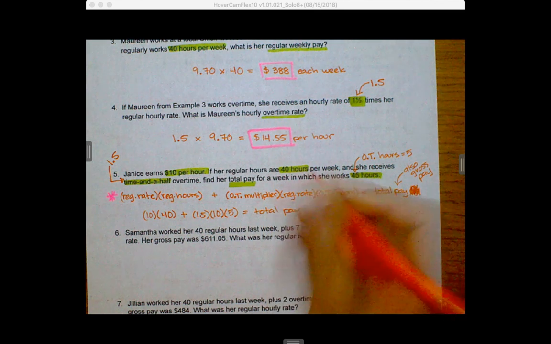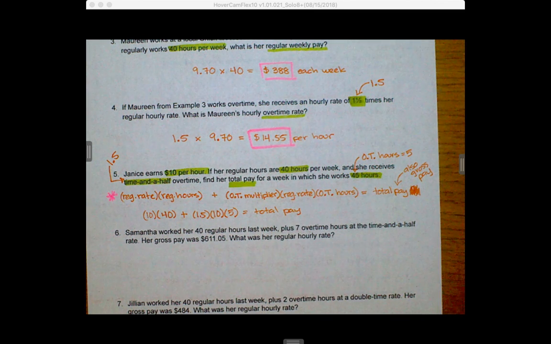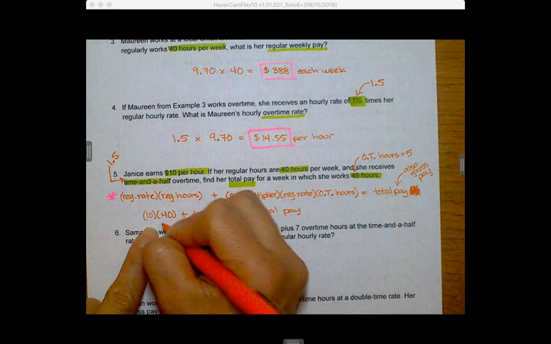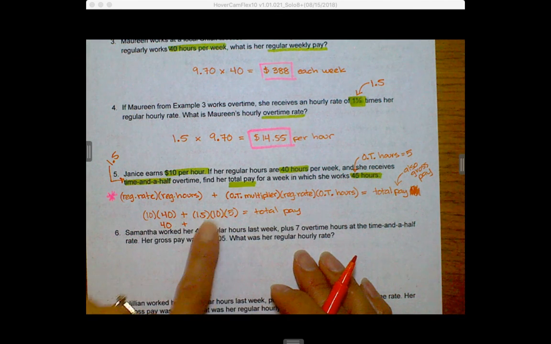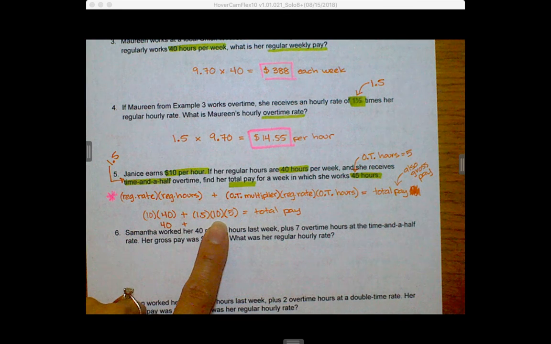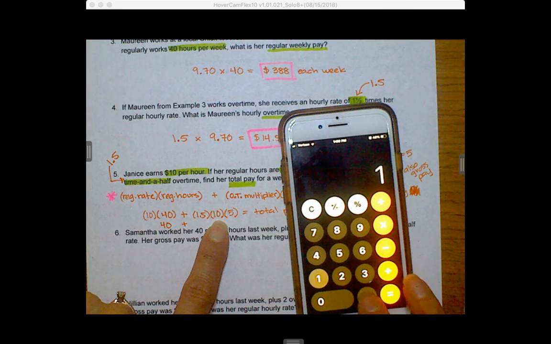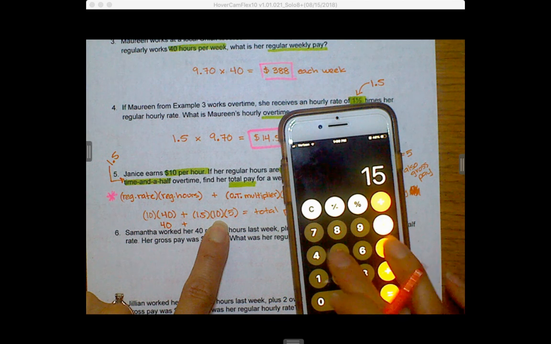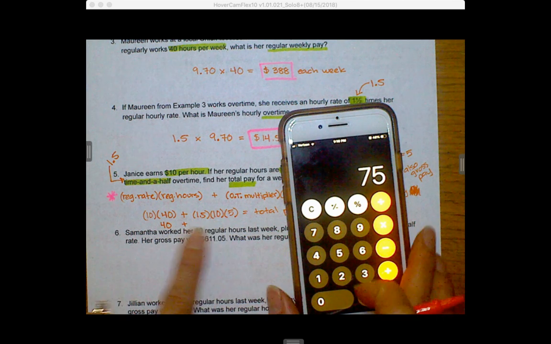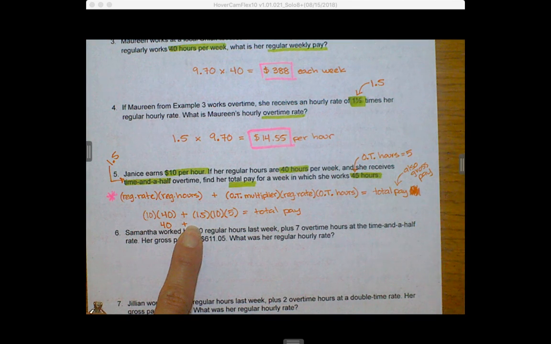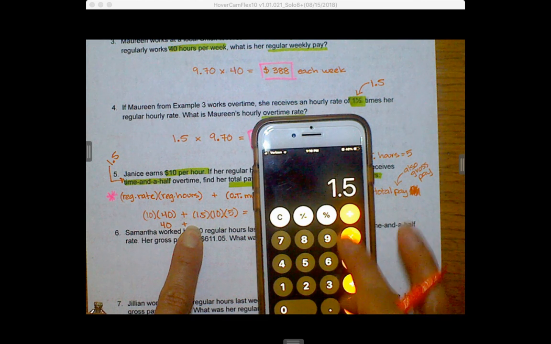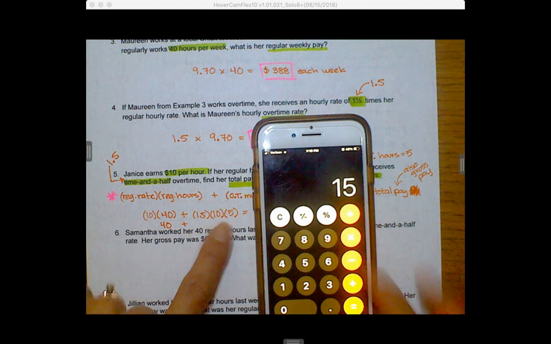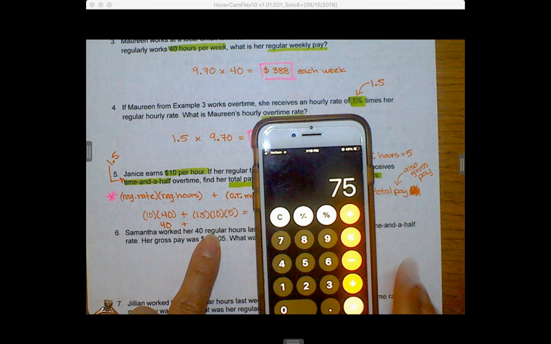All right, this is going to equal her total pay. So let's go ahead and solve. Before we add, we've got to multiply this group over here. So I'm going to get my calculator out. 1.5 times 10 times 5. Okay, I get 75 there. I'll do that one more time and double check. 1.5 times 10, and then times 5.